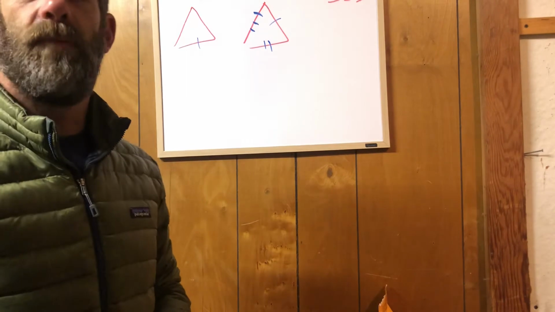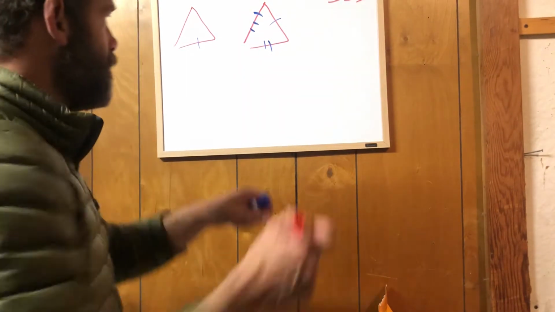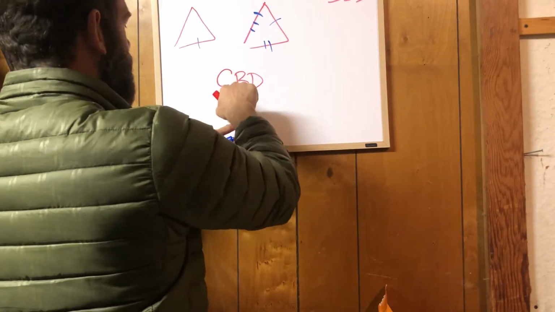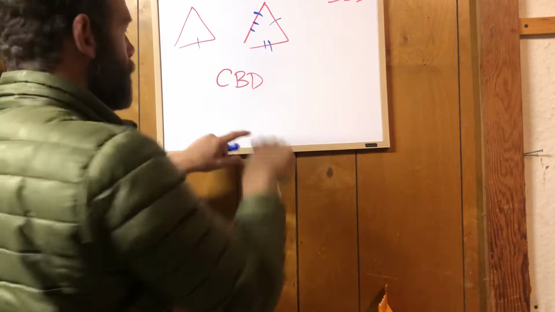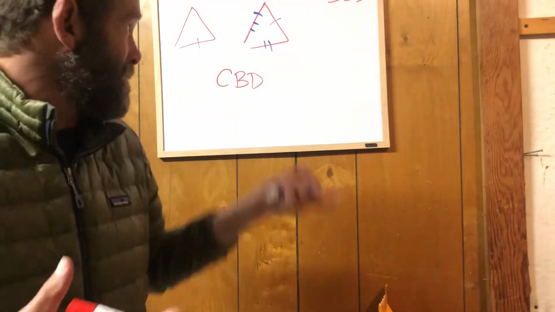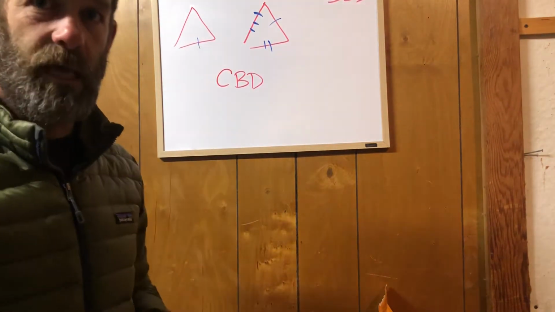The answer is no. But instead of saying no with triangle congruency, we label it as CBD, cannot be determined. So we don't say no, they're not congruent. We just say, I don't know, maybe, but we don't have enough information to show that they're congruent yet.